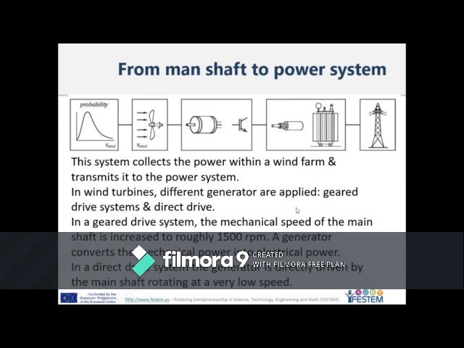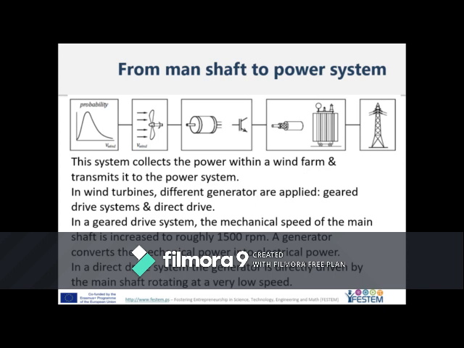We have two types of generator systems, the geared drive system and the direct drive system. In the geared drive system, the mechanical speed of the main shaft is increased to roughly 1500 rpm. A generator converts the mechanical power into electrical power. In the direct drive system, the generator is directly driven by the main shaft rotating at a very low speed.